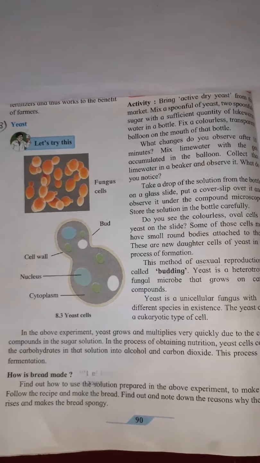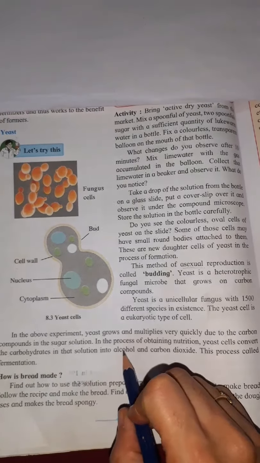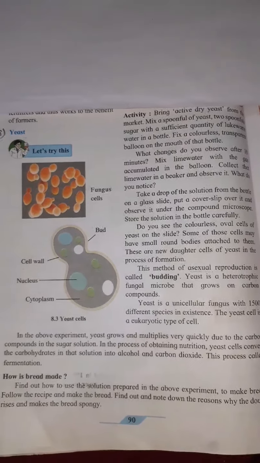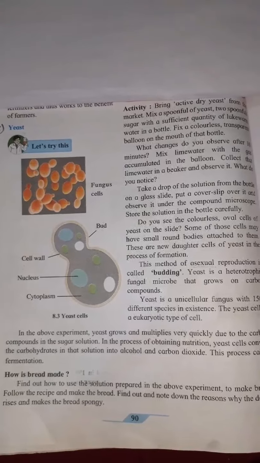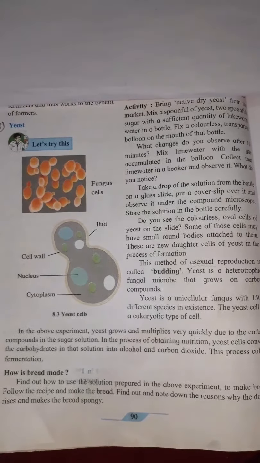That carbohydrate is being used by the yeast, and it converts it into alcohol and carbon dioxide. Because of carbon dioxide gas, the flour will become spongy and fluffy after some time. It rises up in its size, and it becomes very soft. That process is called fermentation.